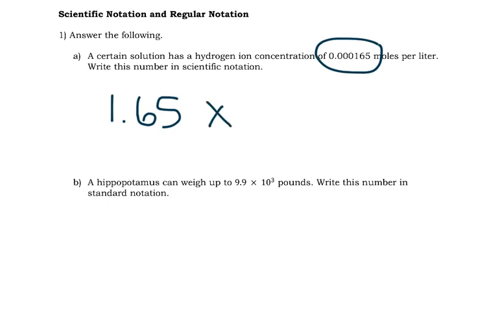And then the second part is we've got to figure out, if I place that decimal between the 1 and the 6, what's the power of 10? How many places did I move the decimal point in order to get there?